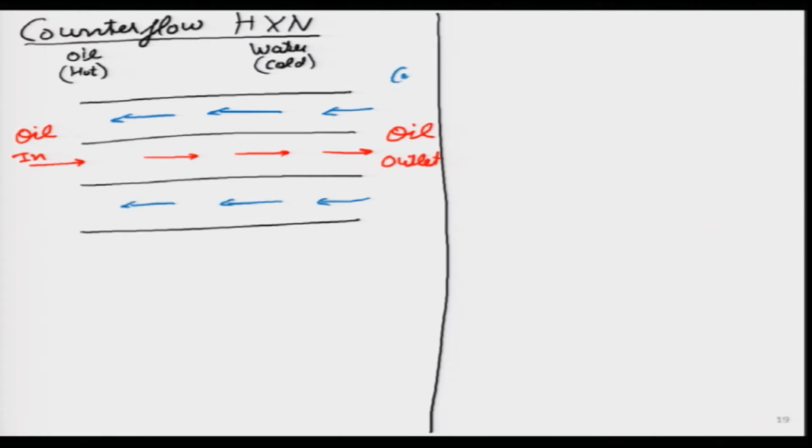So, then cold water enters over here, cold water in, and from here water goes out. Okay. Does it make sense? So, this is the oil region which I am dotting with red color, and this is the water region which I am dotting with blue color.